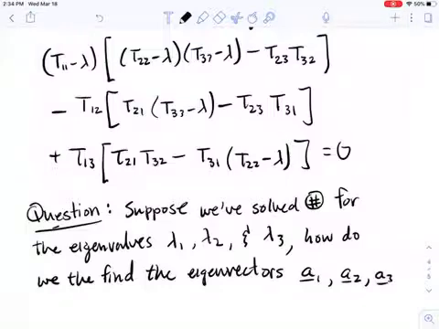So if you remember the original eigenvector equation that was star, we had T times A had to be equal to lambda times A, so we got A back with some scaling, and the scaling is the eigenvalues. So now we know them, and there's 3 of them, so there must be 3 corresponding eigenvectors, A1, A2, and A3. So how do we find those is the next problem.